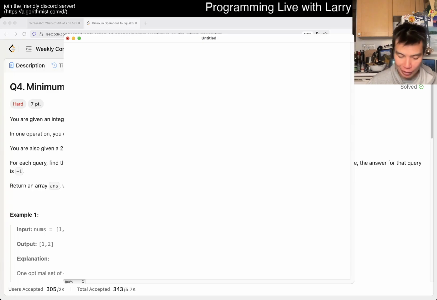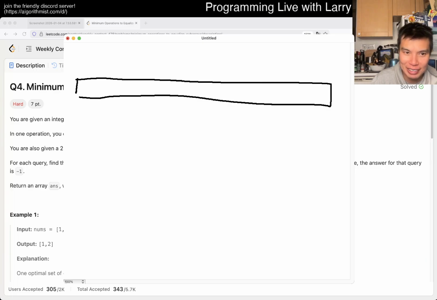So the idea here is that, okay, let's say you have an array, right? And I'm going to illustrate an array like this. Now you try to break it up into square root of n blocks. Why? Well, we'll go over it in a bit.